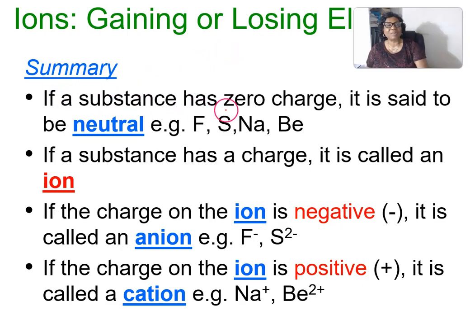If a sample has a neutral charge, it is said to be neutral, so we just write the symbol of the element. But if a substance has a charge, it is called an ion. If the charge is negative, we call it an anion. If the charge is positive, we call it a cation.